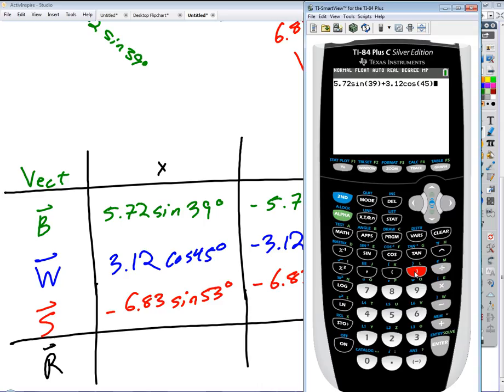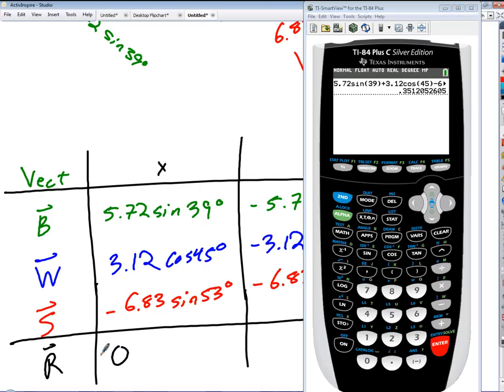I gotta subtract this one. Minus 6.83 sine 53. And that gives me a calculator answer. Now I'm just gonna write it down here as an approximation, but in reality we would probably want to just grab that on our calculator, so we don't risk any rounding here. So this becomes approximately 0.3512, let's say.